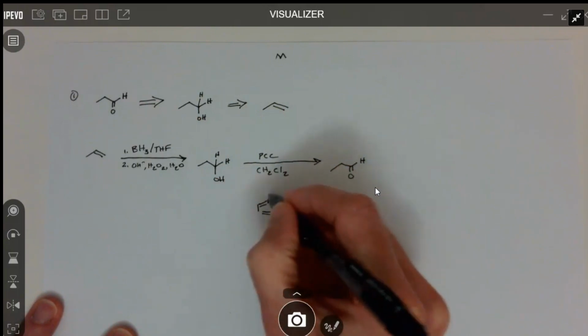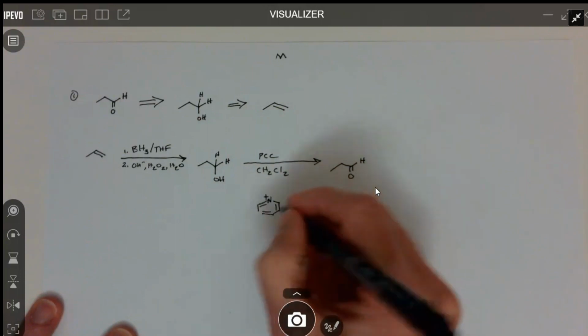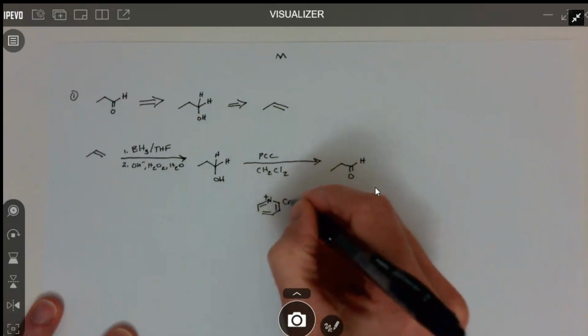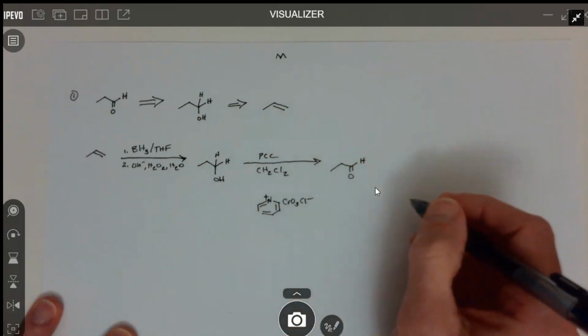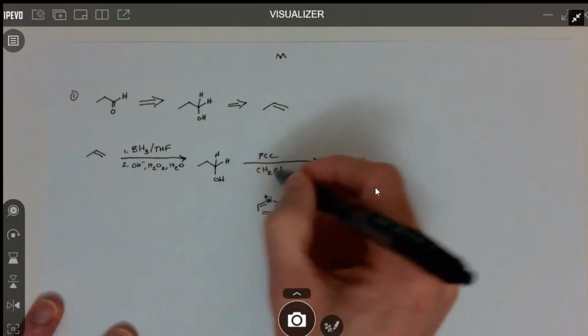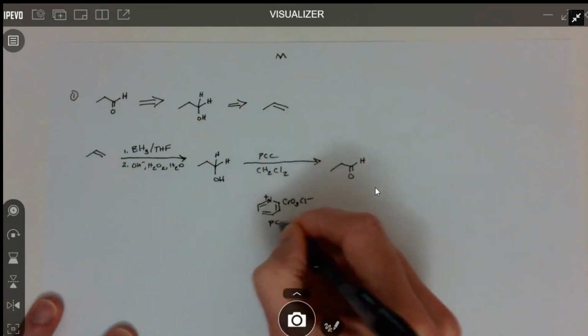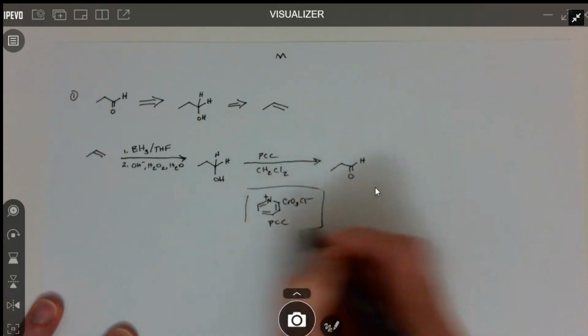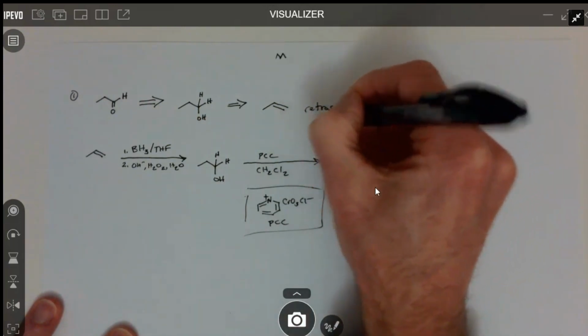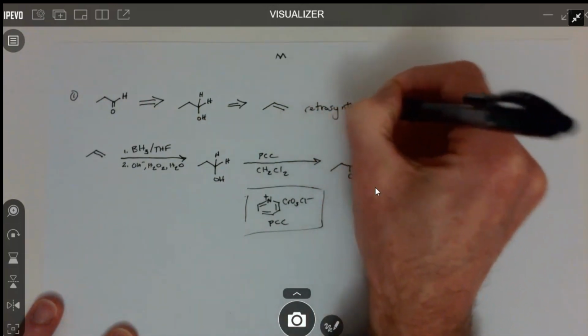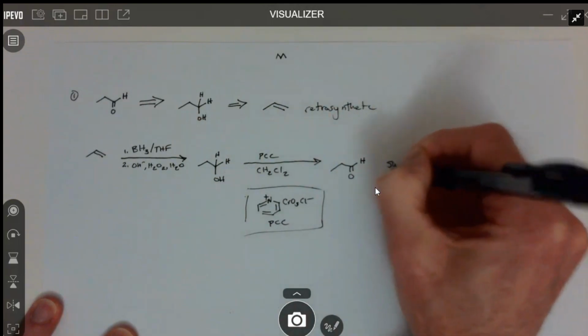Here's pyridinium, and then chlorochromate. That's an agent to know.